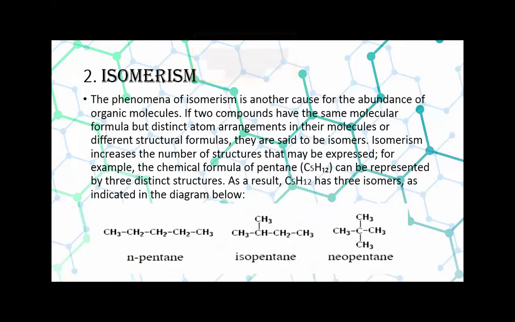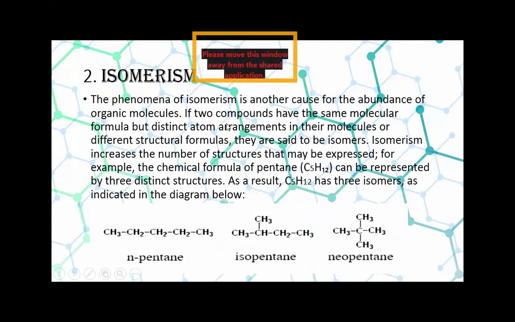Now the second property that is the cause of a vast number of organic compounds is isomerism. The phenomenon of isomerism is another cause for the abundance of organic molecules, as I have foretold you. If two compounds have the same molecular formula but distinct atomic structure in their molecules, or different structural forms, they are said to be isomers.